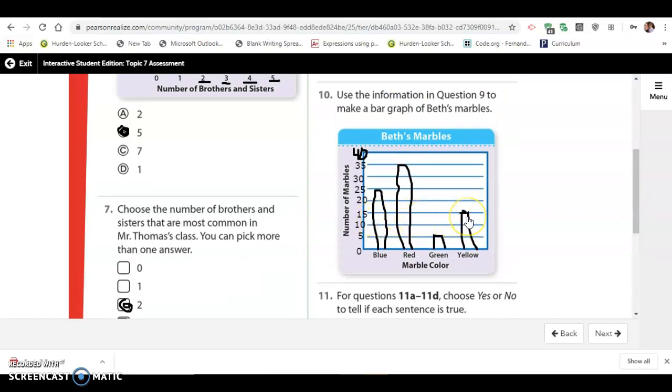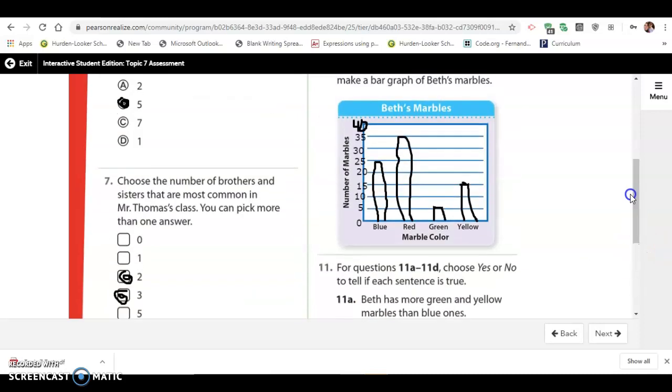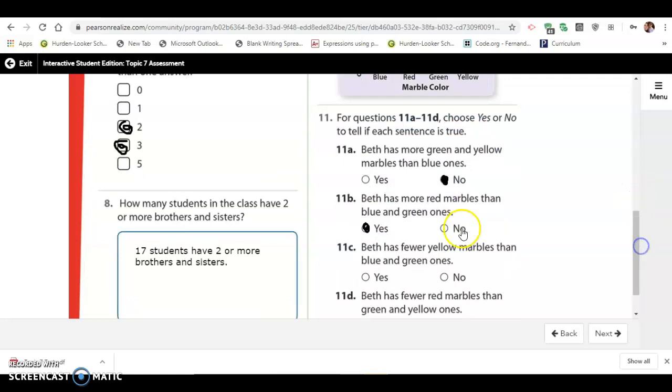Yellow is 15. And we're comparing that to blue and green. So is 15 smaller than blue and green? Blue is 25. Green is 5. That makes 30. So yellow is fewer than blue or green.